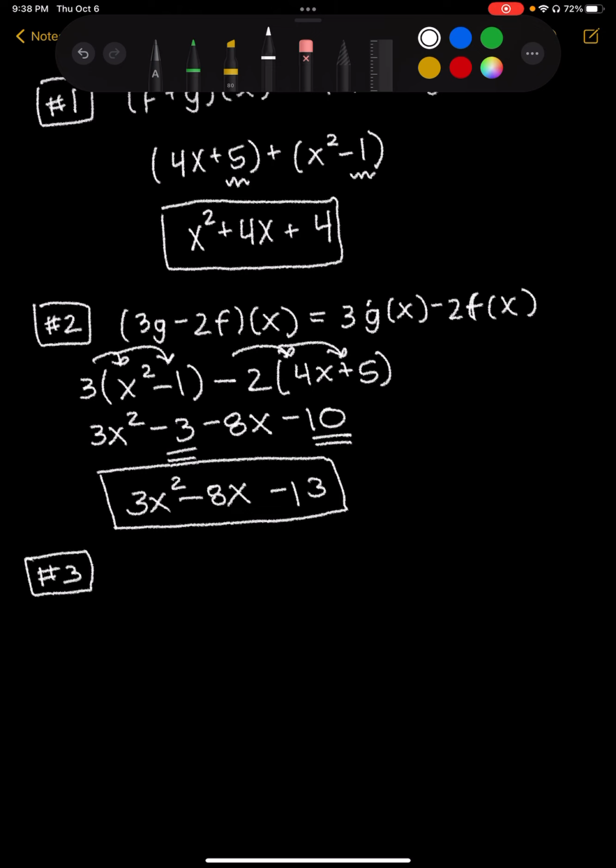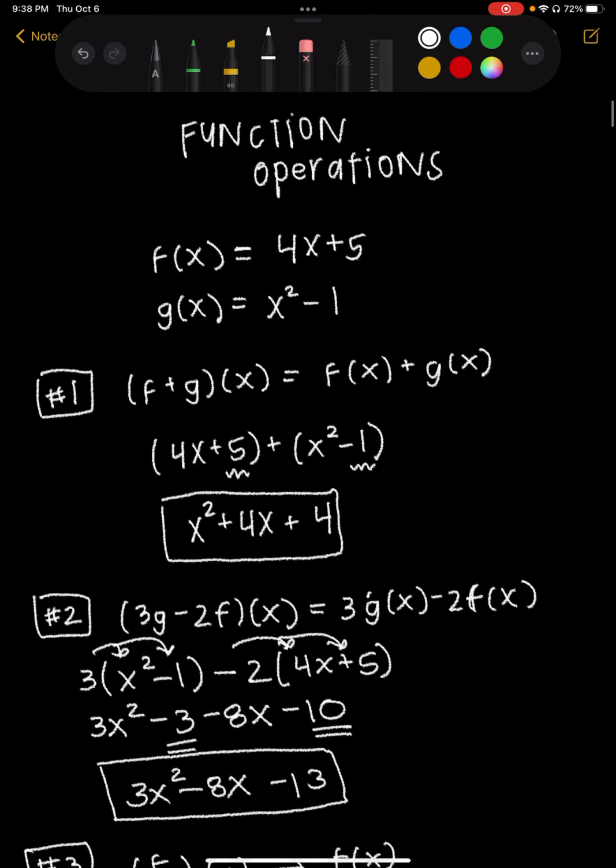And this one is going to be f over g of x, which is just a fancy way of writing f of x divided by g of x. I'm going to move these down here so we can see them a little bit better.